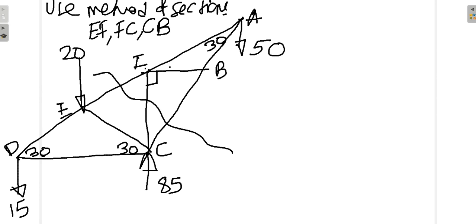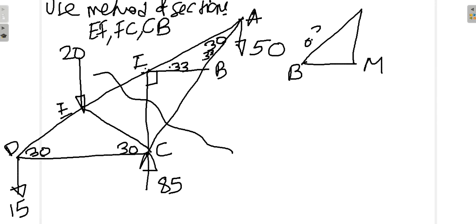So see here, this was 0.33 and this distance AB is also 0.33. Let me draw a separate triangle here for our understanding. Let me take this point as M, this point as D. This distance is 0.33.